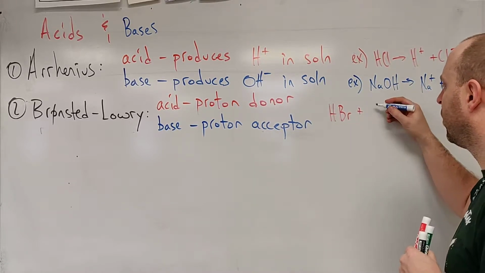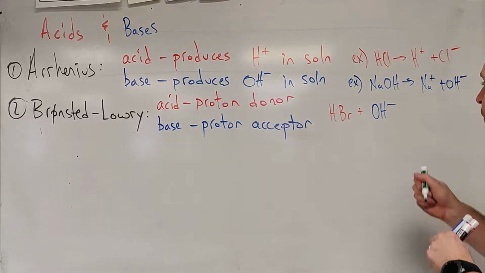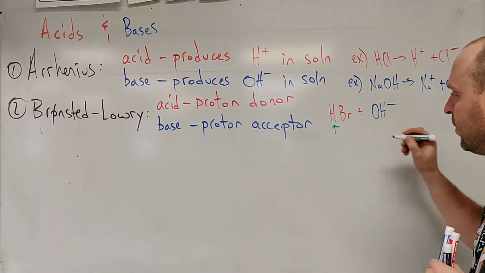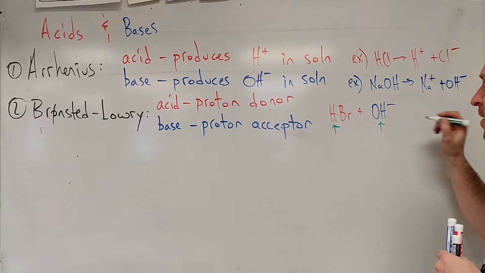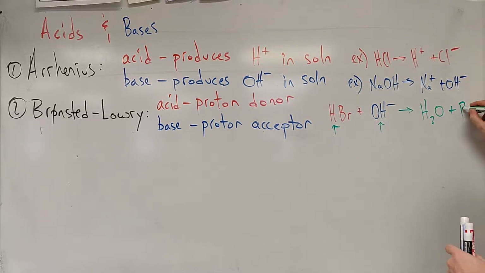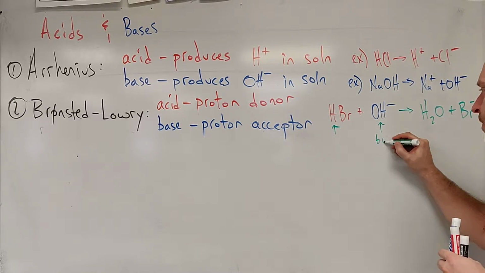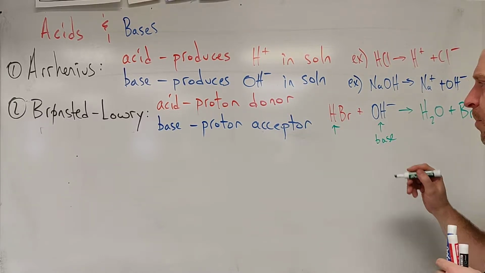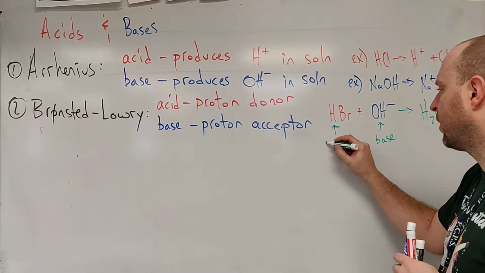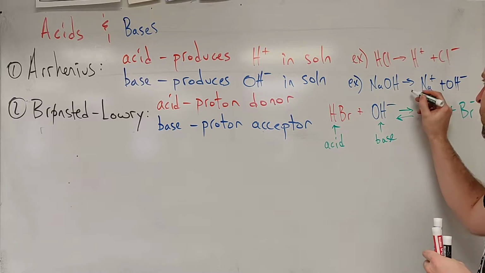I'll just do that OH-, and in this particular case, this hydrogen is donated, this hydroxide accepts that hydrogen, and we end up with H2O and Br-. So this is our Bronsted-Lowry base. It accepts that proton. And this is our Bronsted-Lowry acid. It donates that proton.